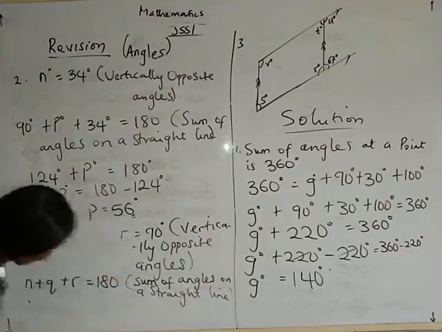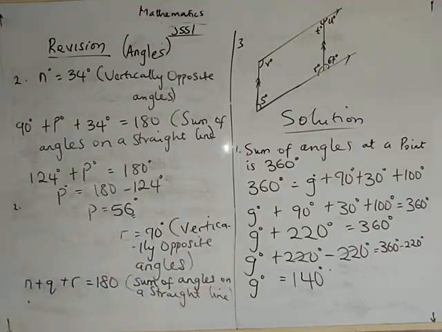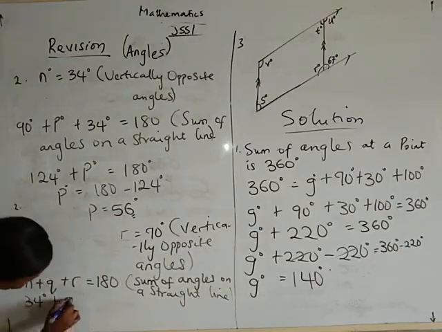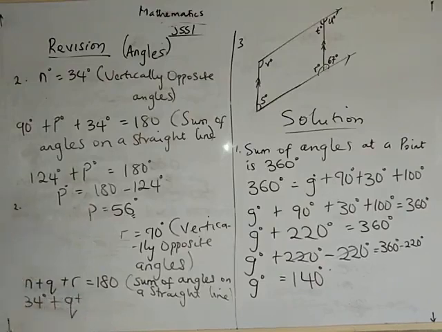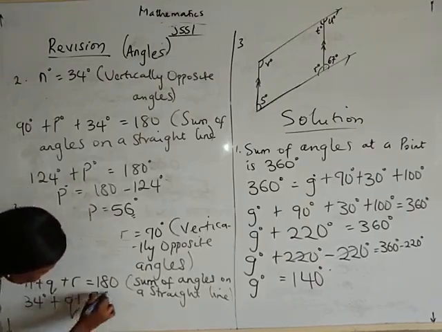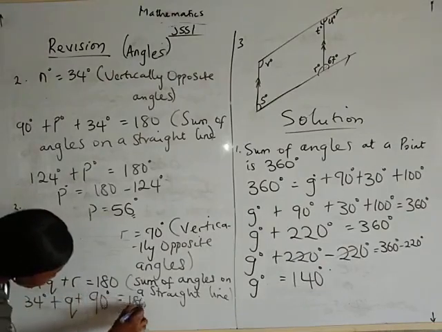What is our N? Our N is 34. What is our Q? Do we have Q? No. Write it down. Do we have our R? Yes. What is our R? R is 90 degrees. Everything equals 180 degrees.